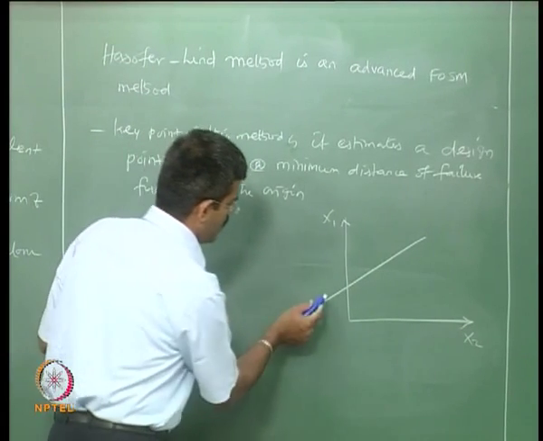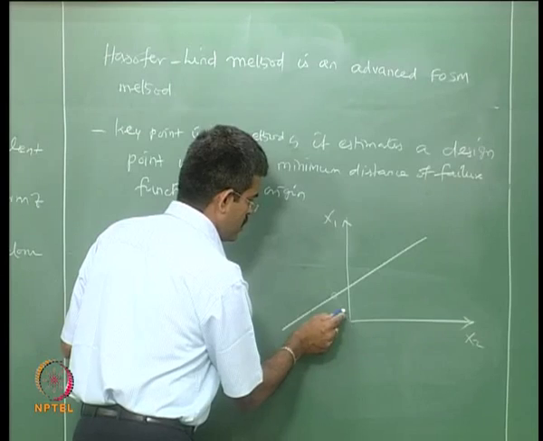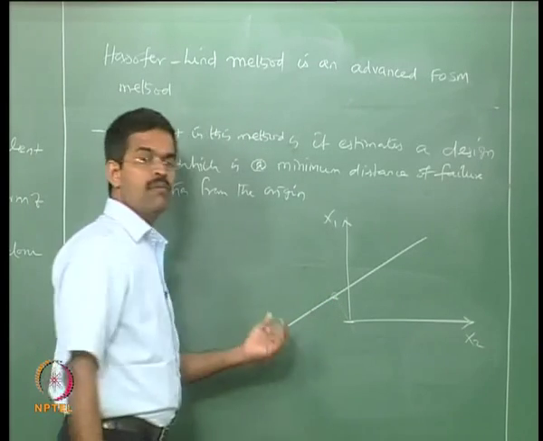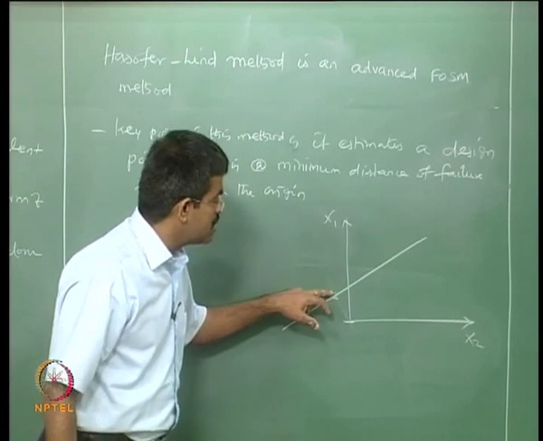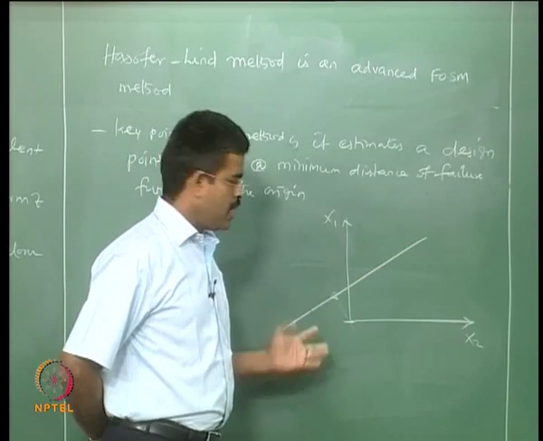So, obviously, I have to draw a perpendicular and this becomes my point and this becomes my minimum distance. I call this a design point. Okay. Now, if the function is linear, you can easily find this.